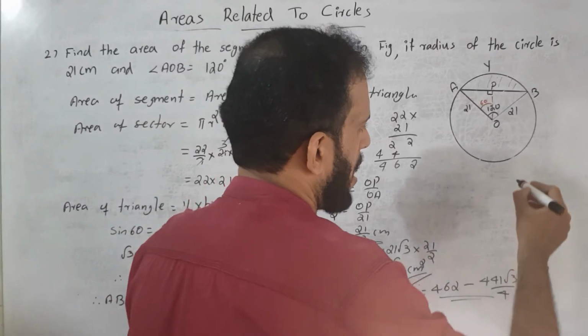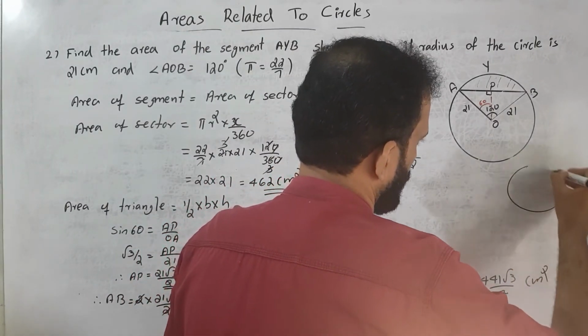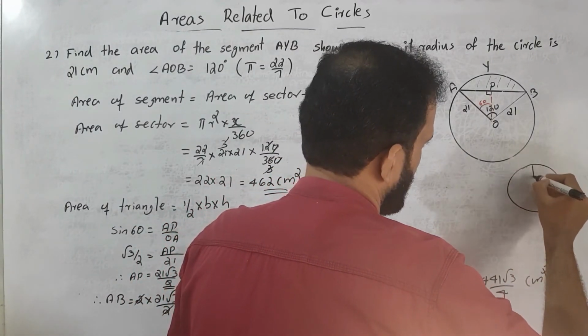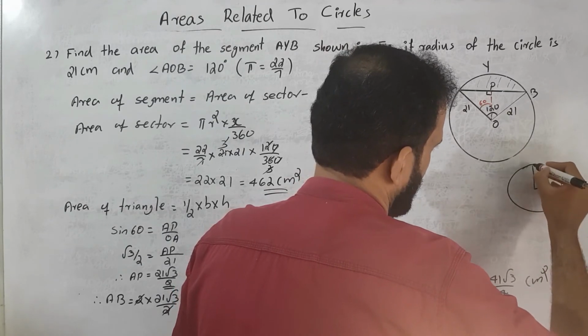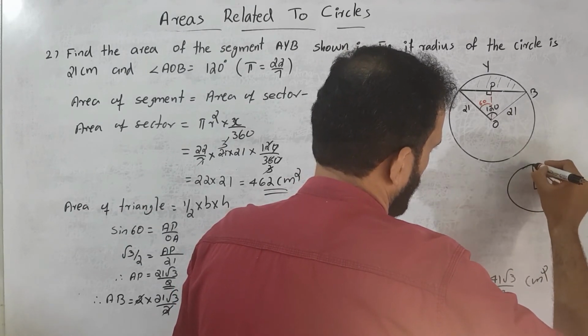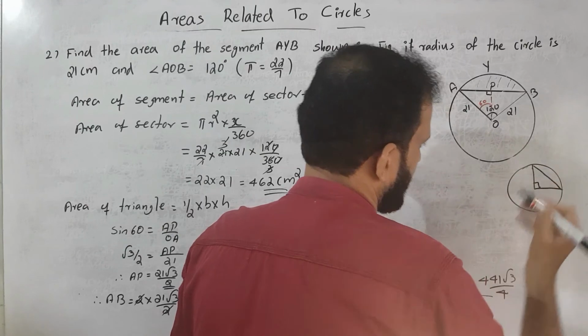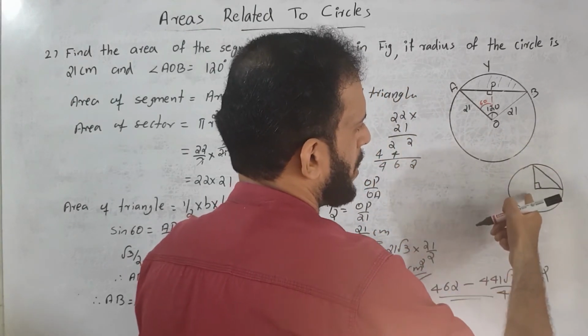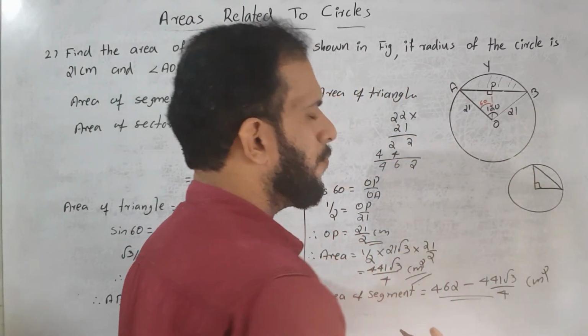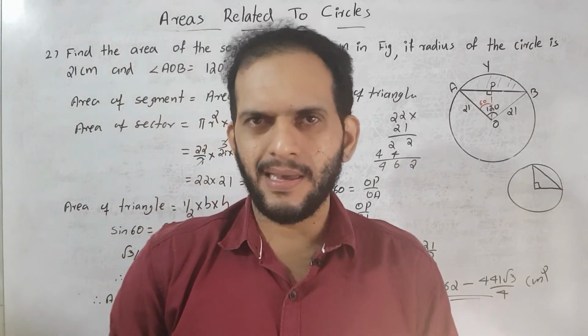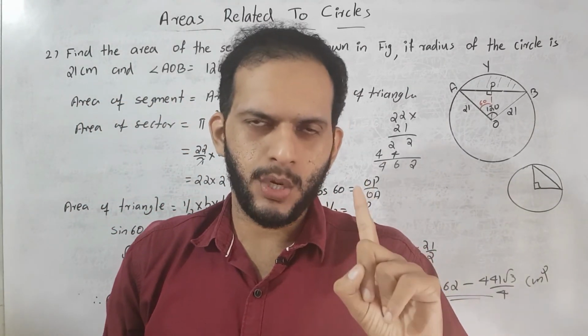If a quadrant is given, that means the central angle is 90 degrees. Suppose the central angle is 90 degrees. For finding the area of triangle, we use the equation directly, half into b into h.